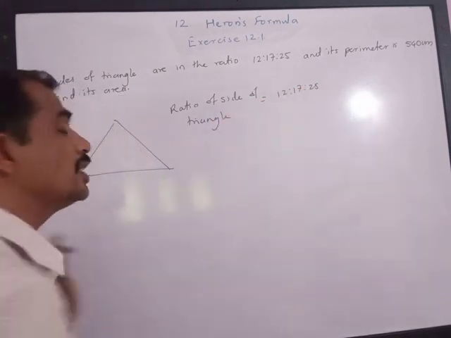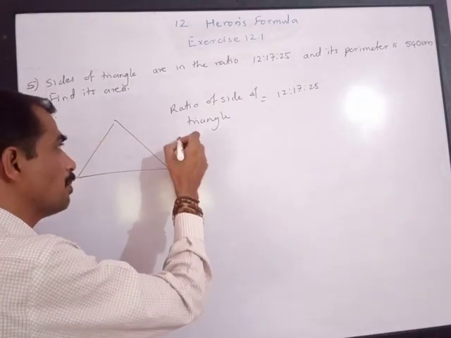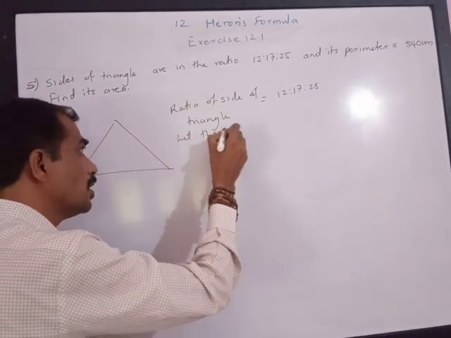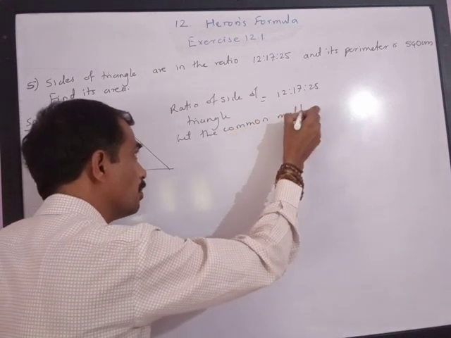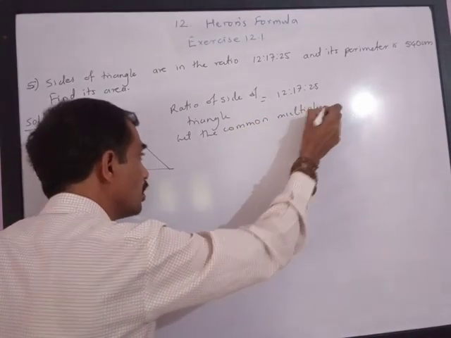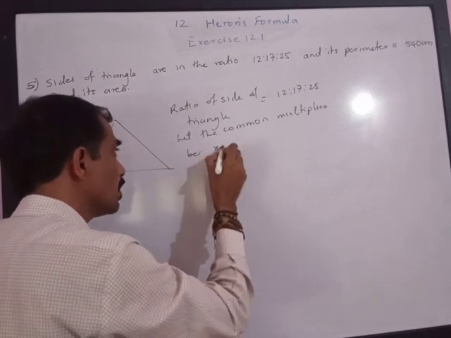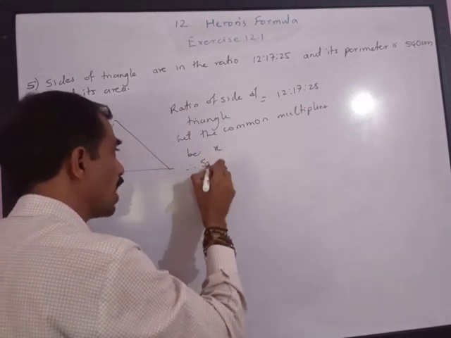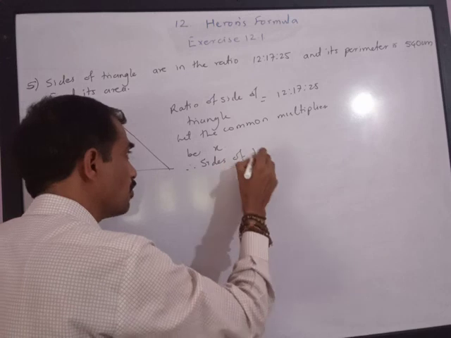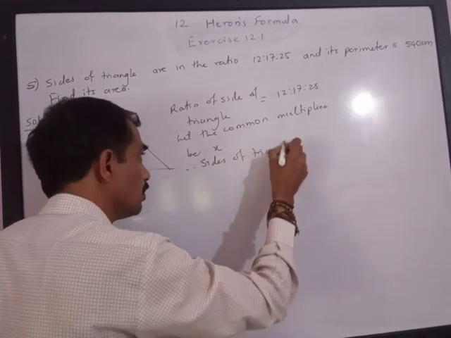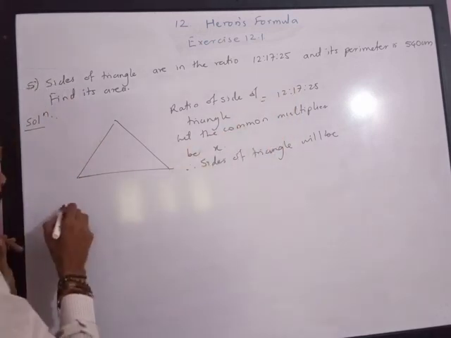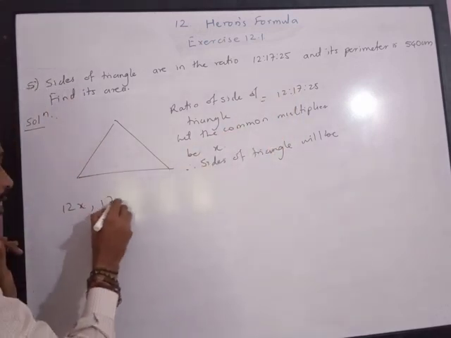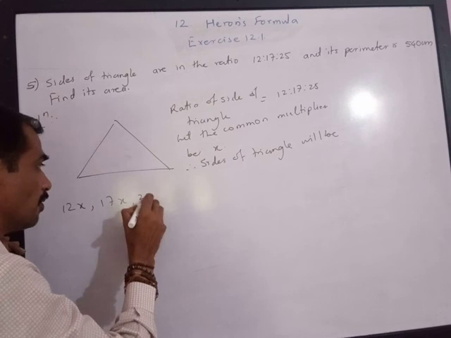It means there exists some common multiplier. So let the common multiplier be x. Therefore, the sides of the triangle will be 12x, 17x and 25x.